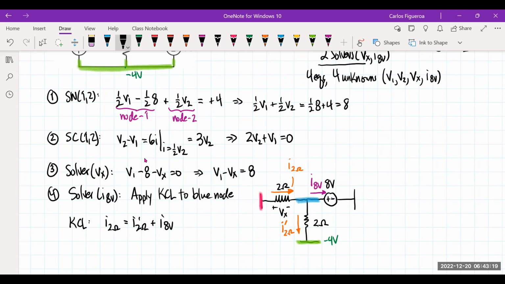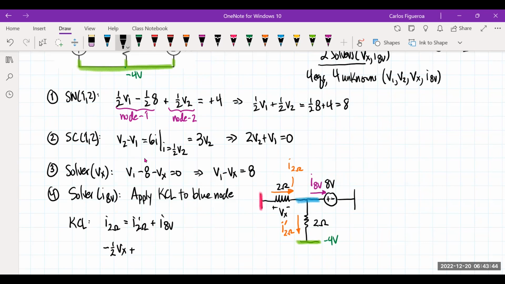So I2, well, I know that that's the voltage of this guy. So you know what? I'm going to bring that 2 ohm to the other side. If I bring this to the other side, I'm going to have minus 1/2 Vx. That's the current I2. Now look, I now have this guy here.